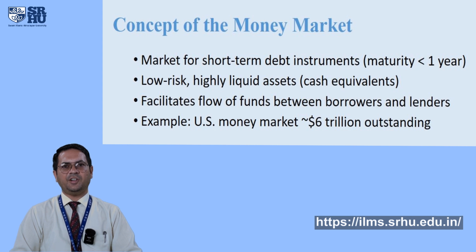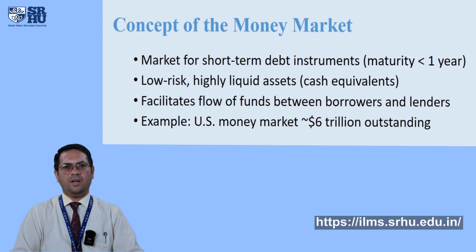Think of it as the marketplace of highly liquid, low risk financial assets, sometimes referred to as cash equivalents. So these instruments are essentially the financial lifeblood for governments, corporations and financial institutions needing to manage their short term funding needs.